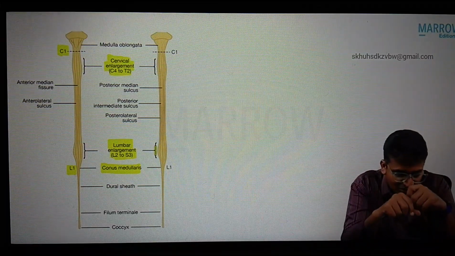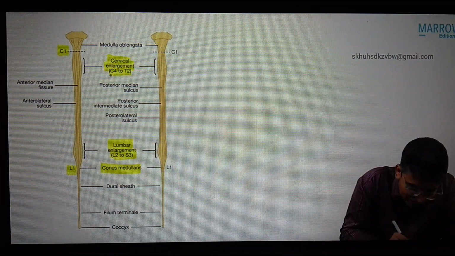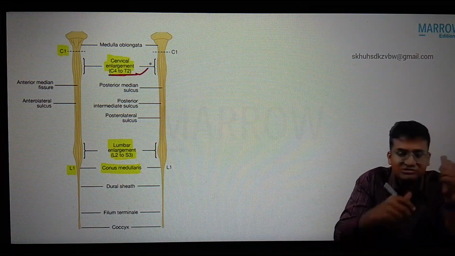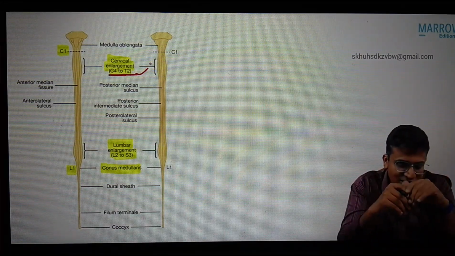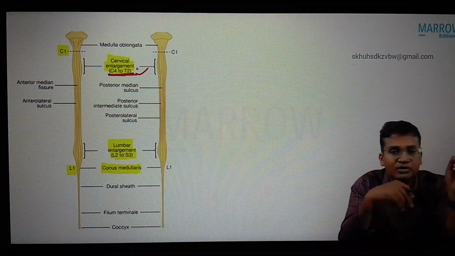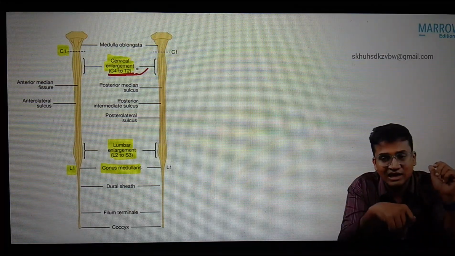Now the cervical enlargement: the spinal segments of the cervical enlargement are C4 to T2. That means C4 to T2 fibers arise from cervical enlargement.